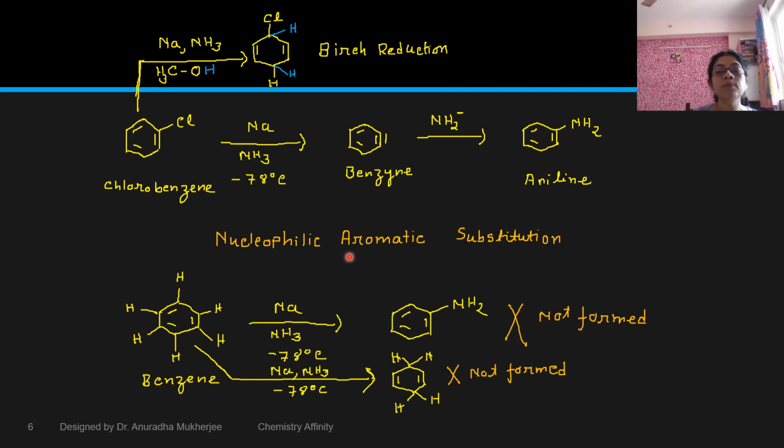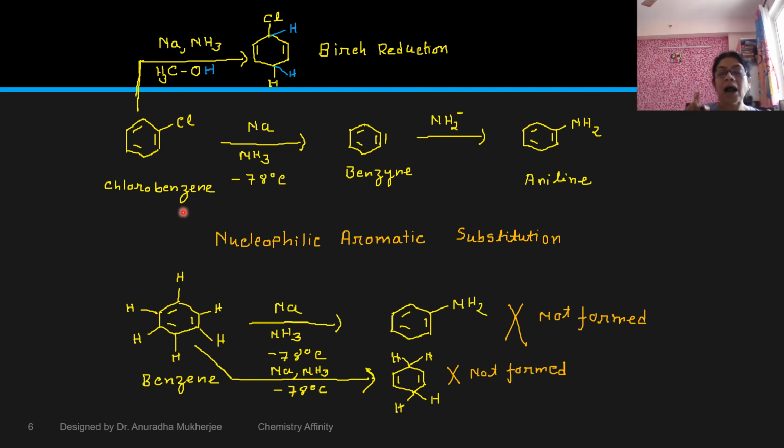So that's why no benzyne will form, no NH2 will add. That means it cannot undergo nucleophilic aromatic substitution. And it will also not undergo Birch reduction because we are not using alcohol here. We are just using sodium and ammonia. So there will be no Birch reduction and no nucleophilic aromatic substitution reaction.